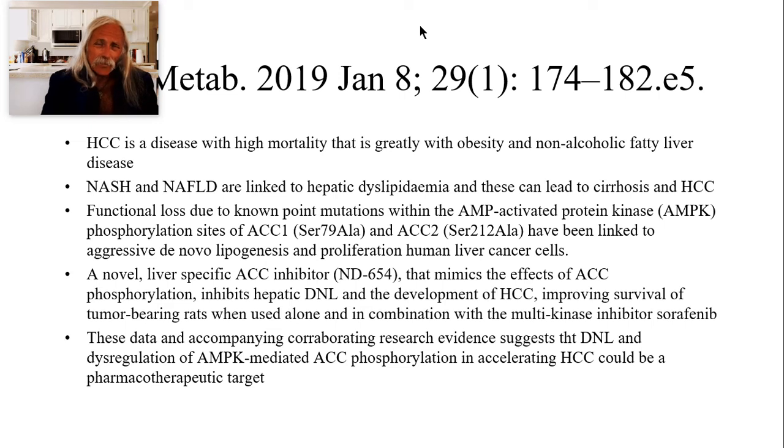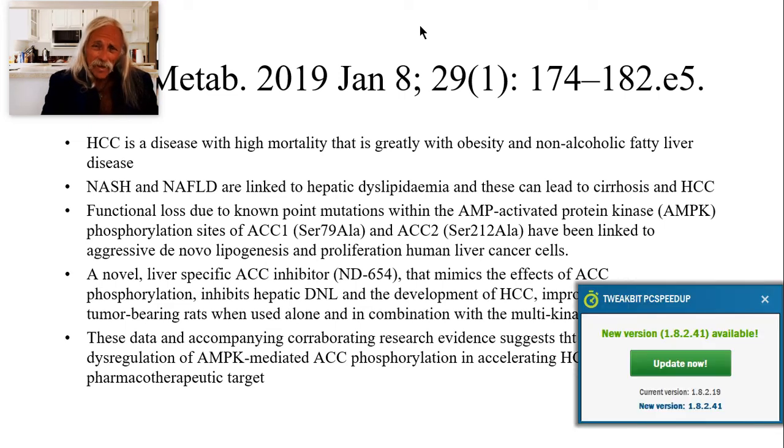So NASH, which is non-alcoholic steatohepatitis, which is an inflammation of the liver because of high levels of lipid deposition. That's what NASH is. And the NAFLD, non-alcoholic fatty liver disease, which we've talked about extensively in this system. They're linked to hepatic dyslipidemia, of course, and that can lead to cirrhosis, ultimately to the carcinoma. All right, bad news, right?